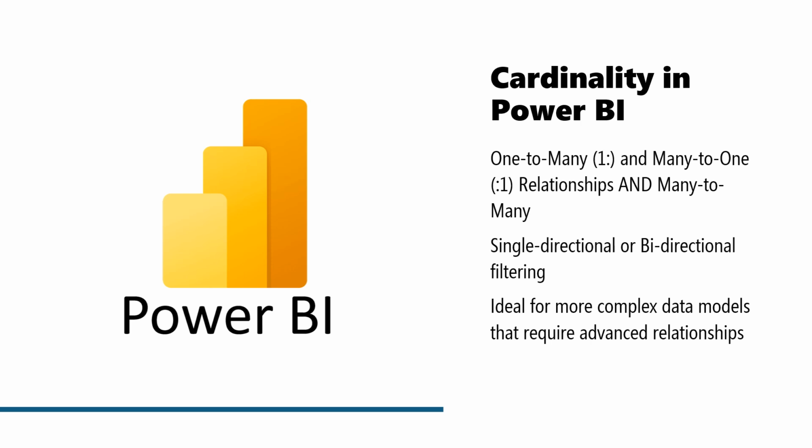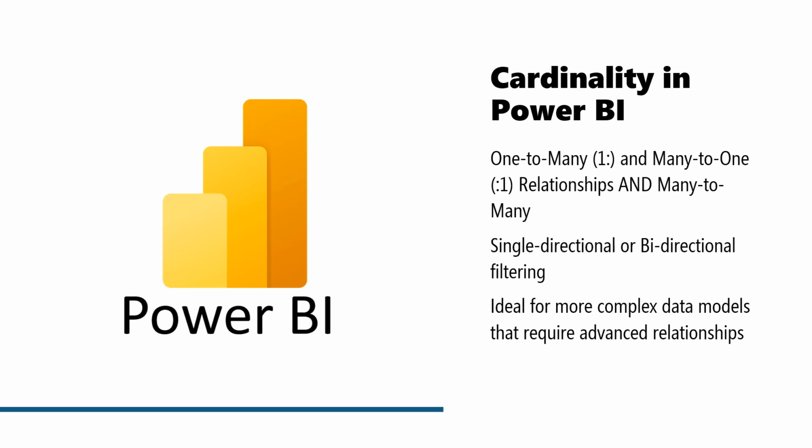Let's delve a bit deeper into how Power BI handles relationship directions. In Power BI, we have the option of single directional or bidirectional filtering. Bidirectional filtering means that filters applied to one table can affect related tables in both directions. This is especially handy in many-to-many scenarios where data relationships are more complex.